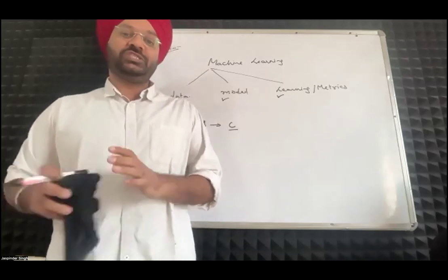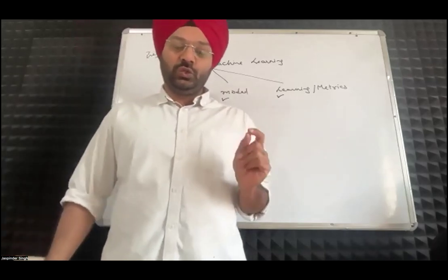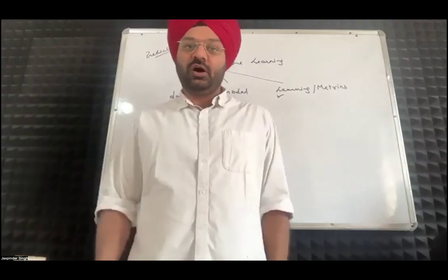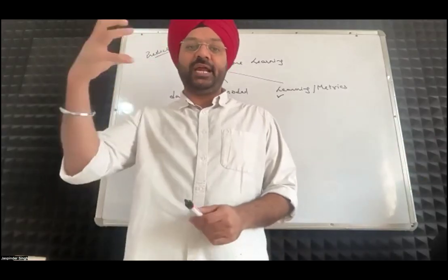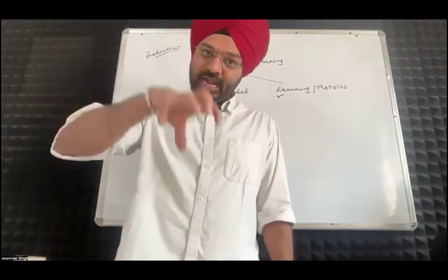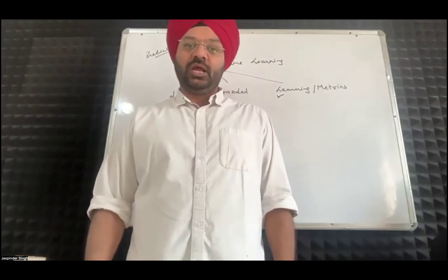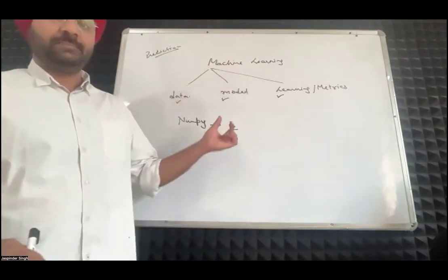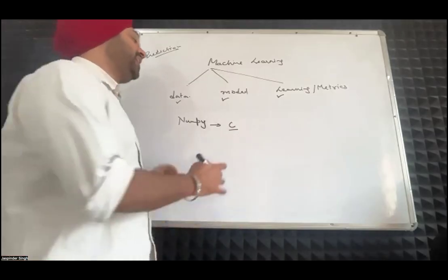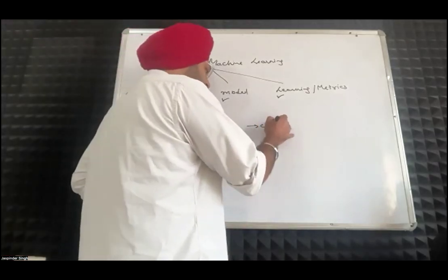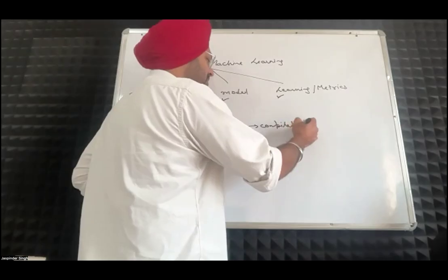So the first and foremost thing that we have to keep out of machine learning is our Python mind. We have to get into the NumPy mindset. The NumPy mindset is that NumPy under the hood is compiled C code. Why is it fast? Because it's compiled C code.